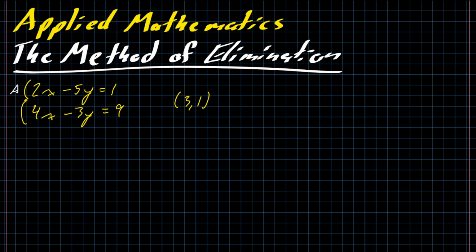Whenever I'm using the method of elimination, I find that it is helpful to label each of the equations in the system. For a system of two equations and two variables, that doesn't really help all that much, but it's a nice habit to get into when you get into more complicated systems. You will find it very easy to lose track of where you've been and where you're trying to go.